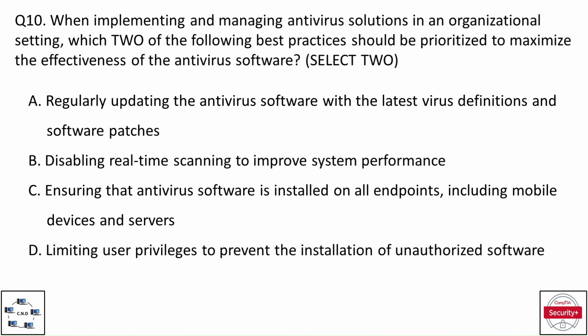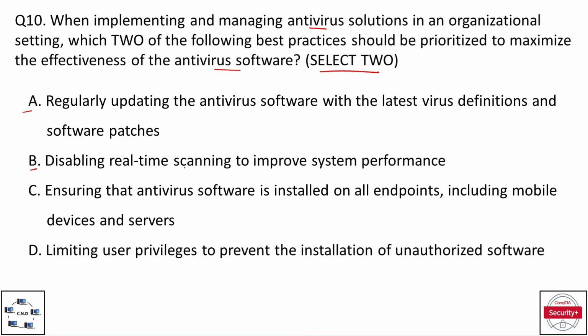Question number 10. When implementing and managing antivirus solutions in an organizational setting, which two of the following best practices should be prioritized to maximize the effectiveness of the antivirus software? Select two options. The options are: Option A, regularly updating the antivirus software with the latest virus definitions and software patches.